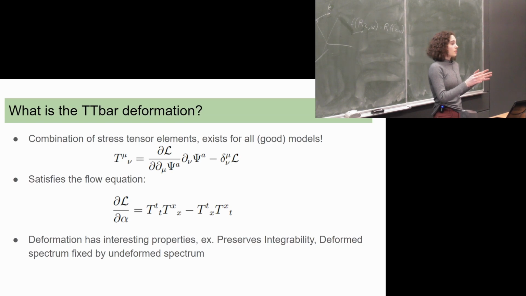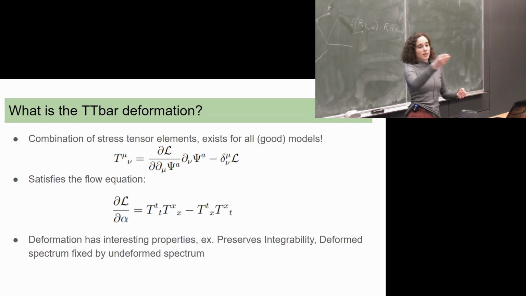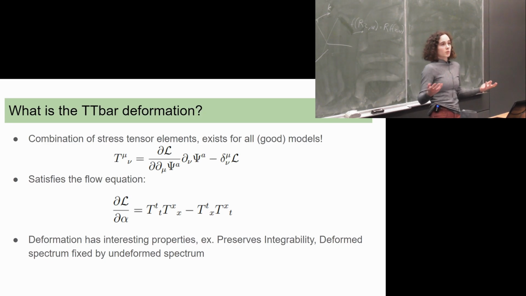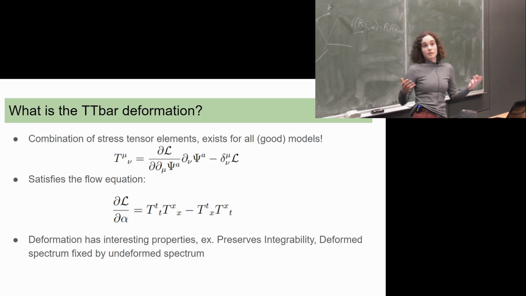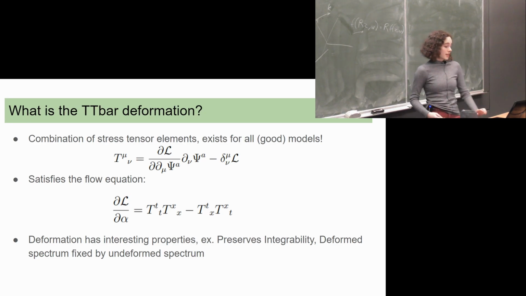So now, instead of some particular theories where we've managed to solve the spectrum in some way, ideally we'd have a whole one-parameter family of theories that we know the energy from.